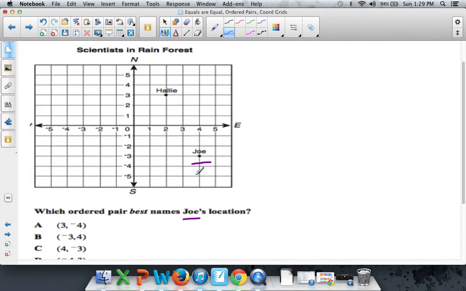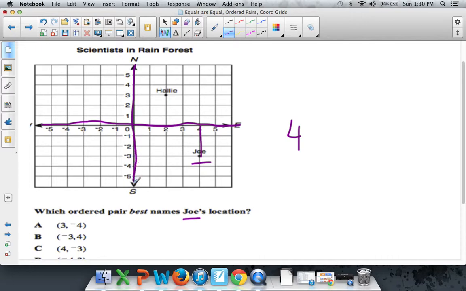And if you recall this from much earlier in the year when we previewed it, the first number in the ordered pair is always the x-axis line. This first line that goes across. Which of those numbers matches up with Joe? Hopefully you see that 4 lines up with Joe. So we put a 4. The second number will be on the y-axis, or the up and down line.